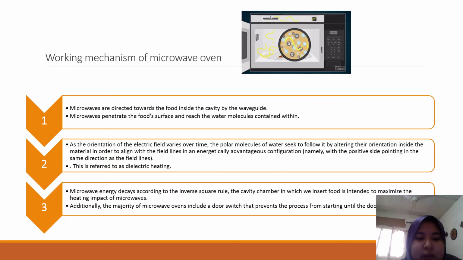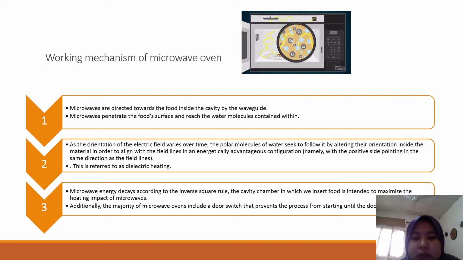Because these molecules change direction millions of times per second at the very least, they gather energy which raises the material's temperature, and this is referred to as dielectric heating.